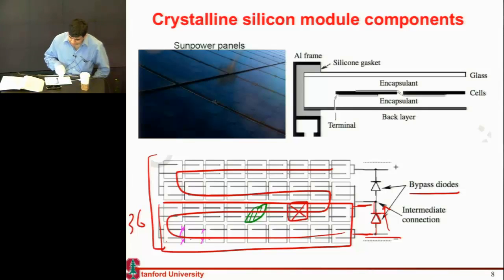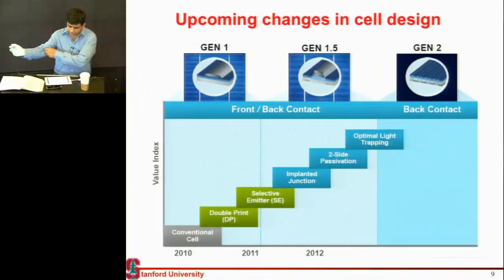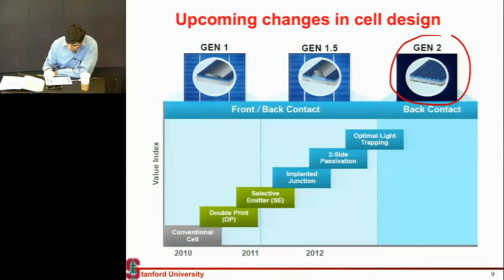So let me give you where the industry is today. On one end of the spectrum, we have what are called Gen 2 cells, which is the back contact cell, and the company most famous for pioneering that is SunPower.